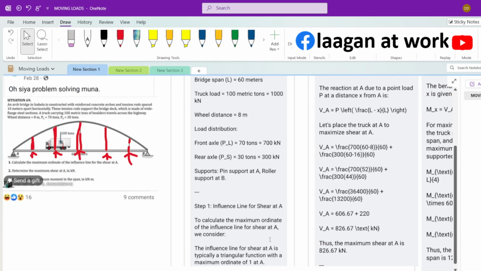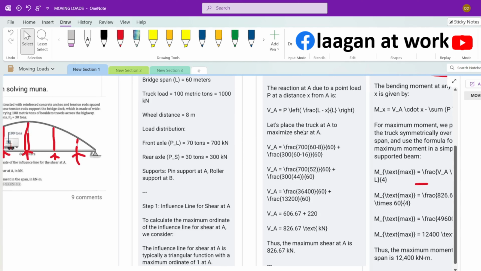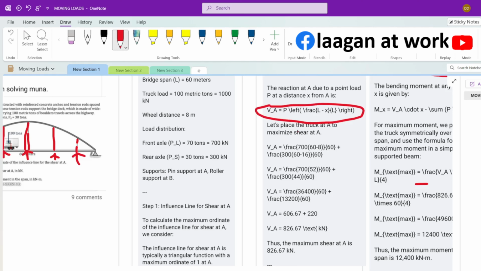Now his calculation, his answer is 826.67. I don't know, this is a text string. It could be from MATLAB or something. I don't know what kind of software he is using. This is for sure not Excel.